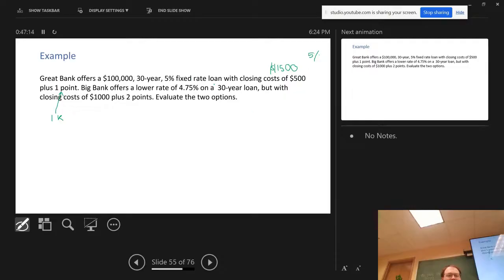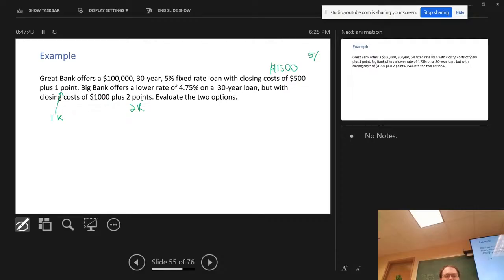Or the other one is 4.75%, closing costs of $1,000 and 2 points. So that would be 2,000. So how much would you have to pay the big bank for closing costs and the points? $3,000.